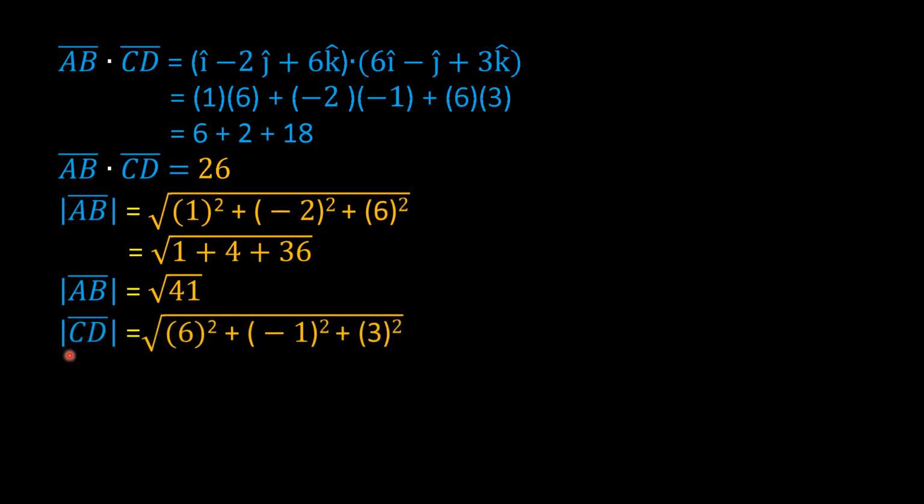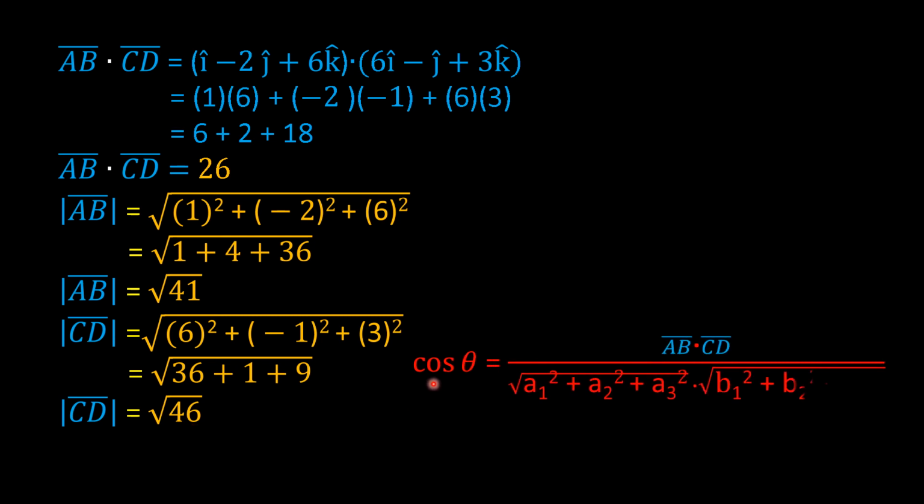Next, mod CD bar will be under root 6 squared plus minus 1 squared plus 3 squared. It will be 36, 1 and 9. So mod CD bar will be root 46.